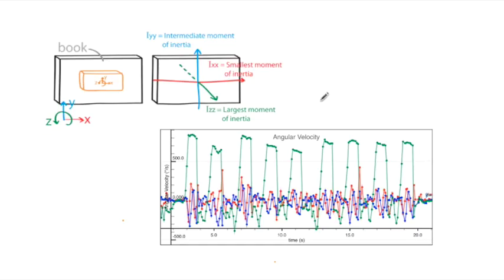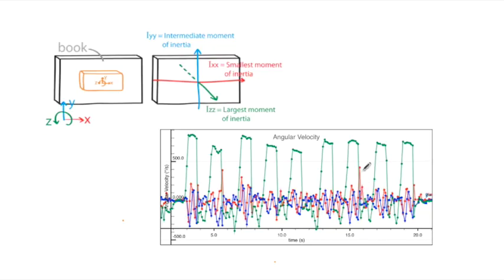Here's our data from our second throw about the z-axis. The z-axis is actually the smallest axis on the book, but that provides the largest moment of inertia. And we can see with this larger moment of inertia, we have a fairly stable rotation as well. We have a huge spike in each of these throws in the angular velocity along the z-axis, and we see fairly small rotations on the other two axes.